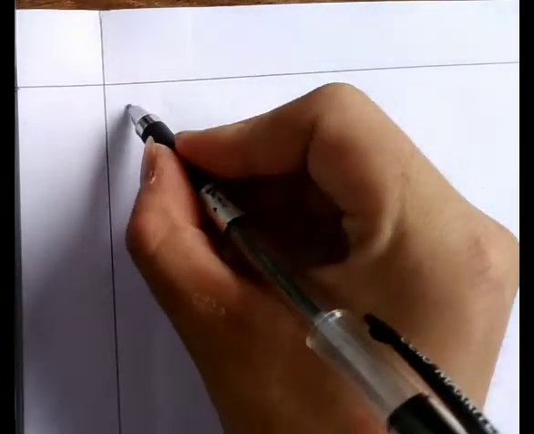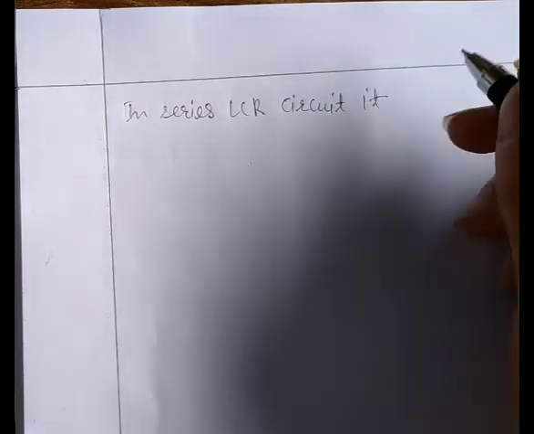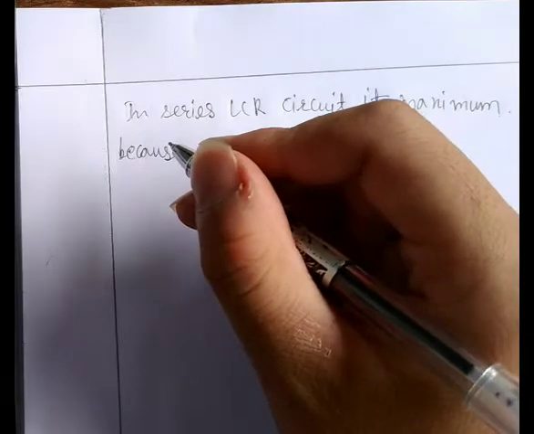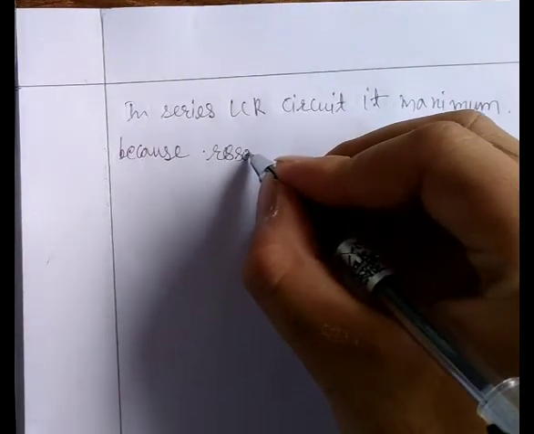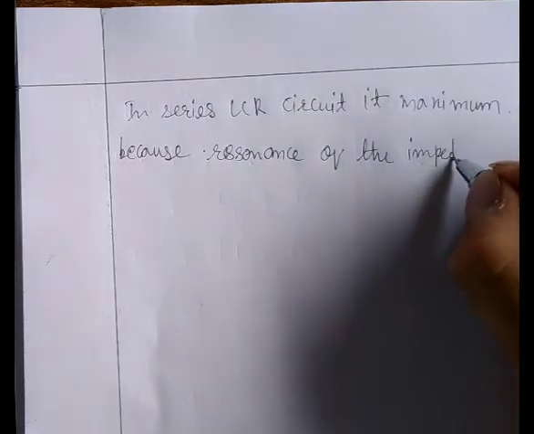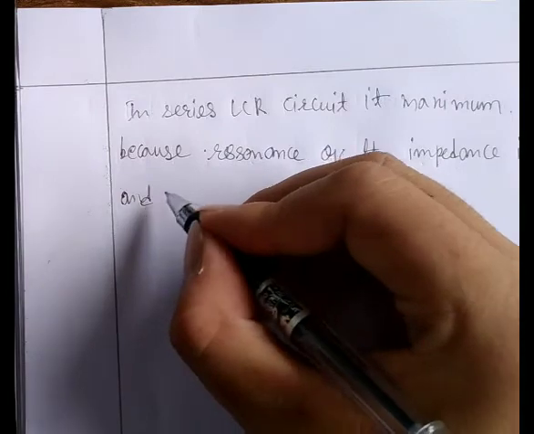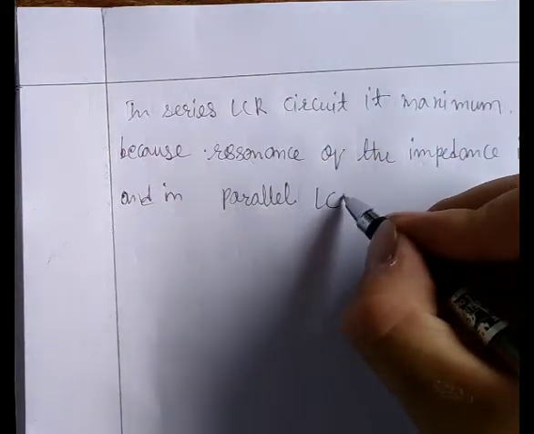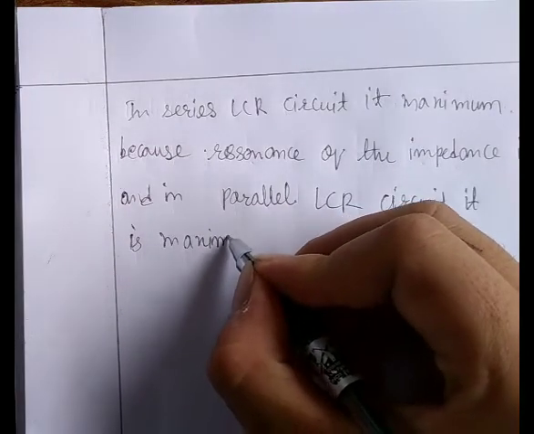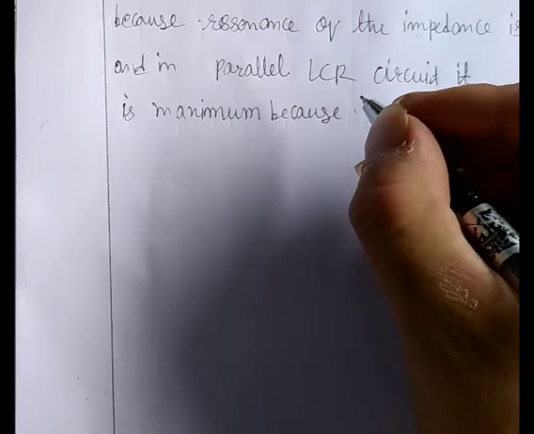In a series LCR circuit, the current is maximum because at resonance the impedance is minimum, and in a parallel LCR circuit the impedance is maximum because it stores the circuit energy.